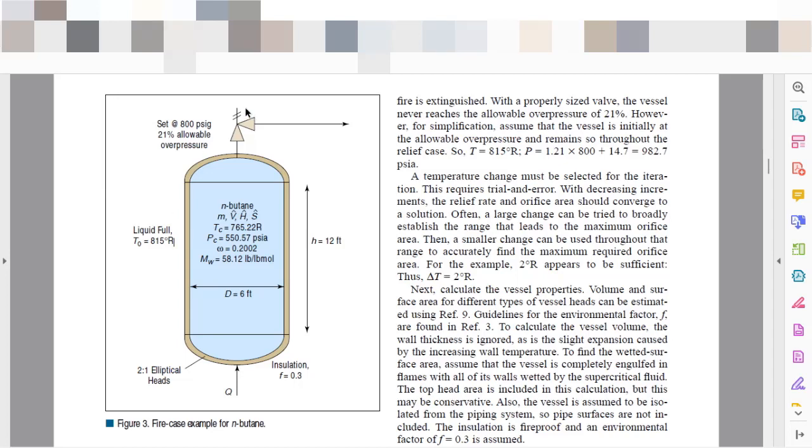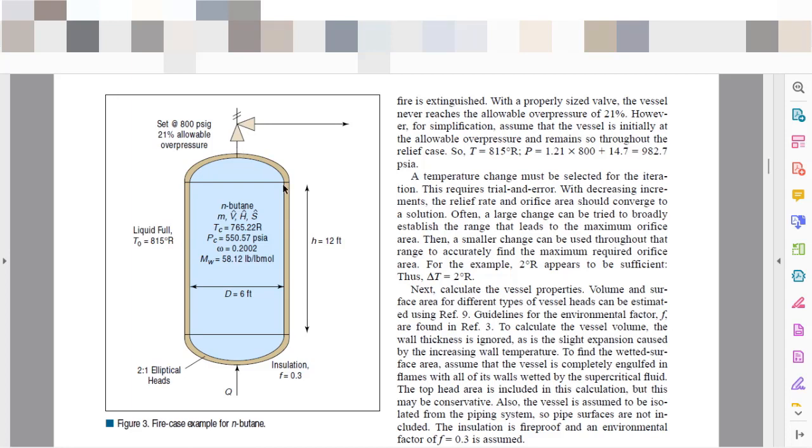So based on the PSV set point and the temperature of the fluid, we can see that the conditions are above the critical point of the N-butane, because the critical pressure is 550 psi and the critical temperature is 765 Rankine. So in this way, when we have the release of this pressure relief device, we will have a release of a supercritical fluid.